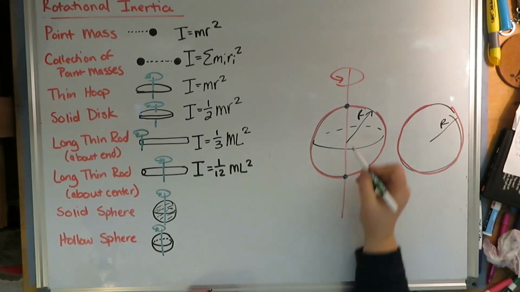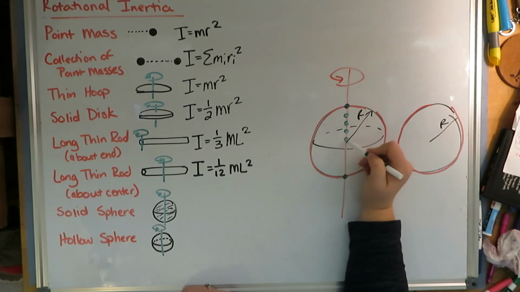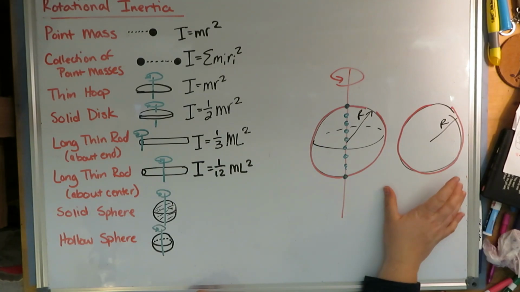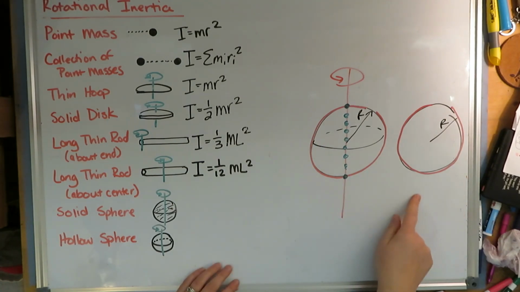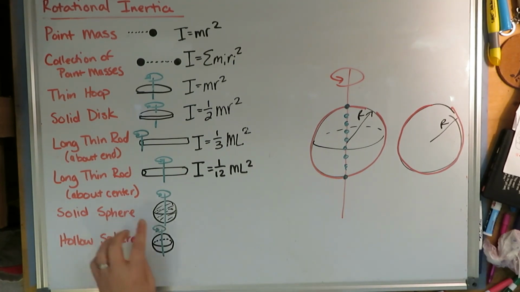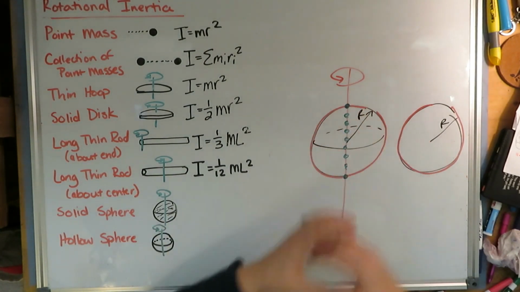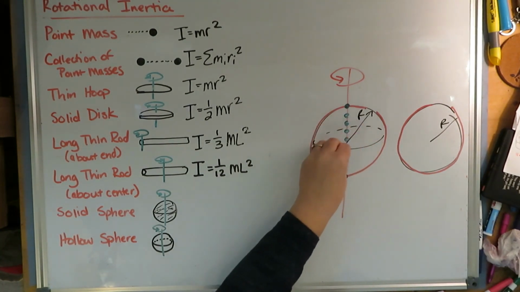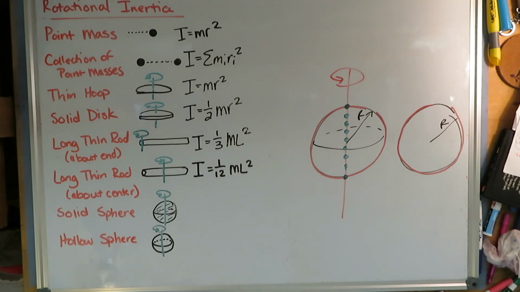And for a solid sphere, you're also going to have some of your mass in contact all the way throughout. So your spheres are going to have a lower rotational inertia than your hoop, and the hollow sphere is going to be higher than the solid sphere, because the hollow sphere has more mass located on the outside, whereas your solid sphere has more mass located on the inside relative to each other.